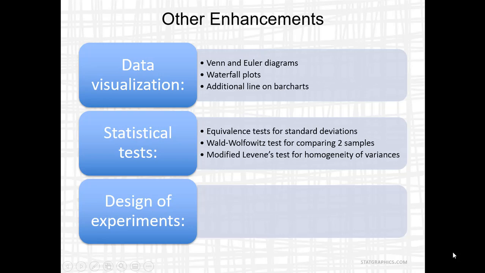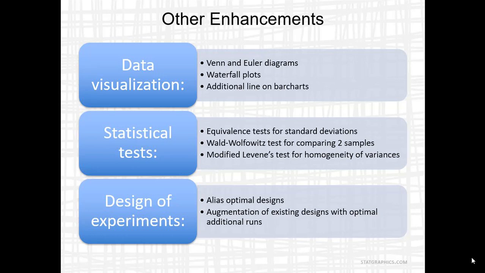We've added a number of statistical tests, including equivalence tests for standard deviations, the Wald-Wolfowitz test for comparing 2 samples, and the modified Levene's tests for testing the homogeneity of variances. In the area of design of experiments, we've added alias optimal designs, and also the ability to augment existing designs by adding additional runs in an optimal fashion.